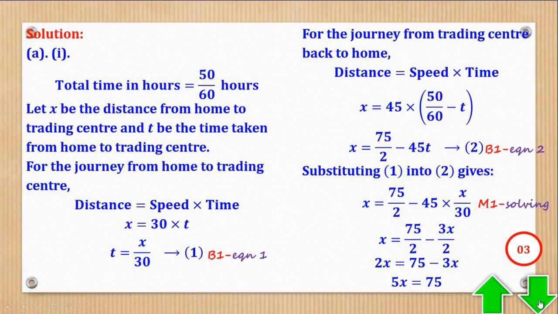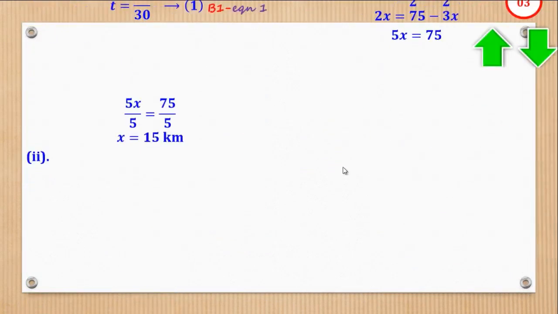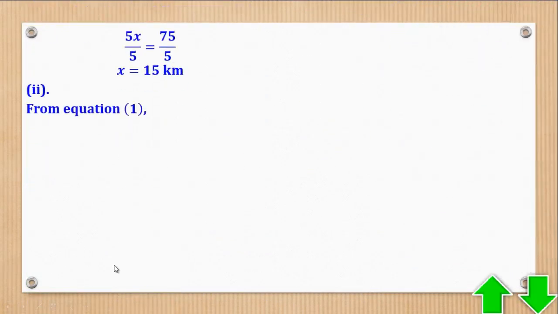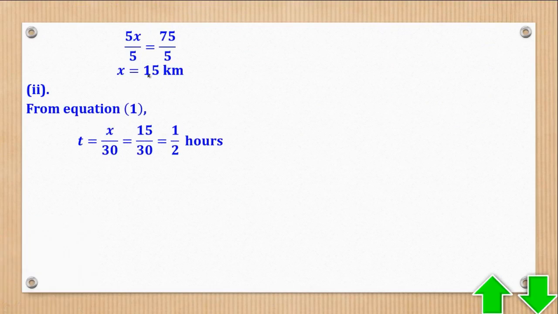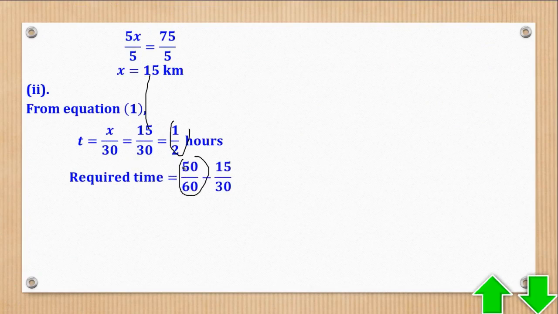So you have to first get t, then we get the required time. So from equation 1, t is x over 30, but x is 15 to give us a half. Then required time will be 50 over 60 minus t, which is 15 over 30, to give you 1 over 3 hours. Then you convert to minutes, which is 20.